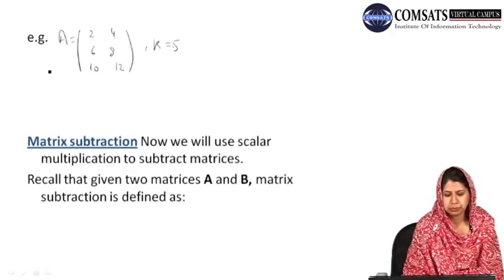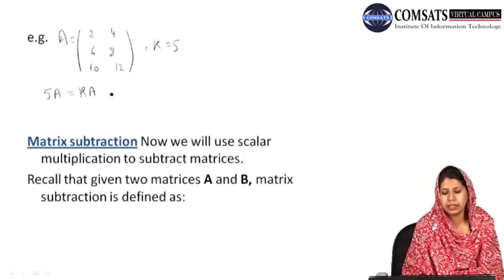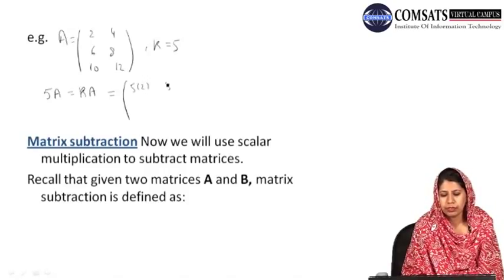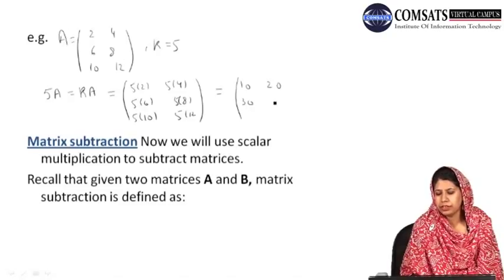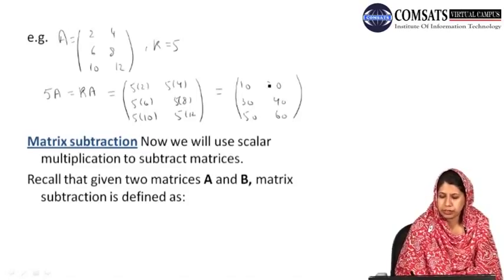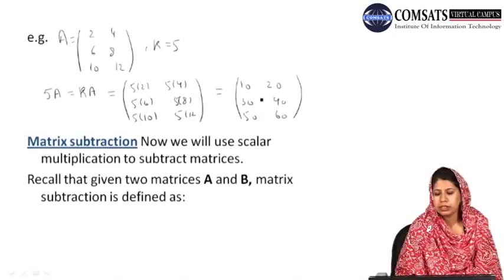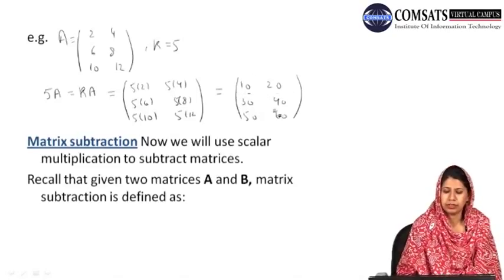Then 5A, which is KA, is nothing but multiplying the scalar with each entry, that is 5 into 2, 5 into 4, 5 into 6, into 8, into 10 and into 12, and we obtain our matrix with these entries as just the scalar multiple of our given matrix. That is, we have multiplied our scalar with each entry of the matrix.